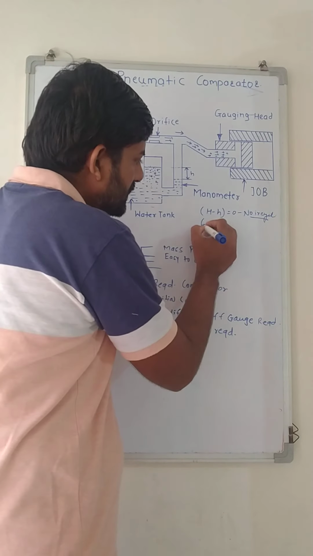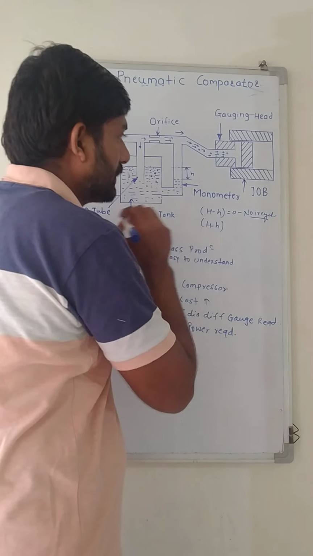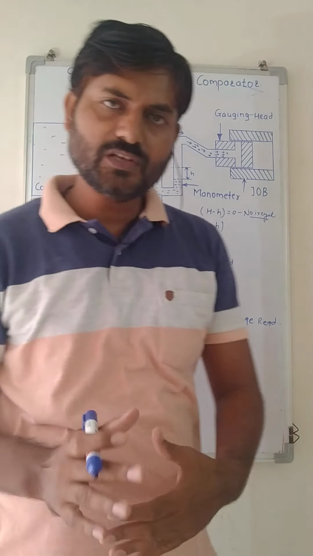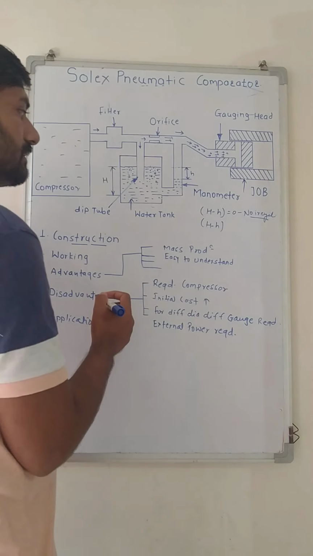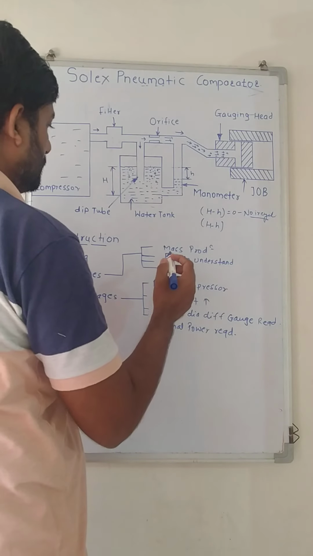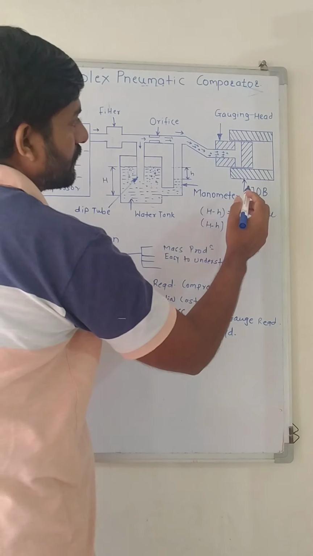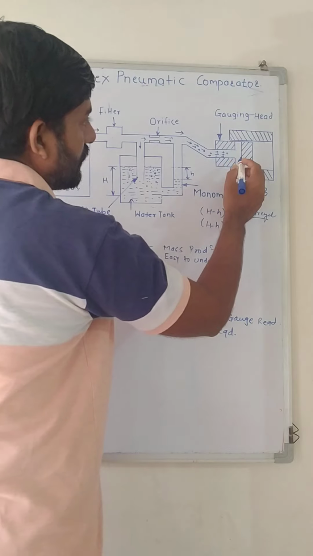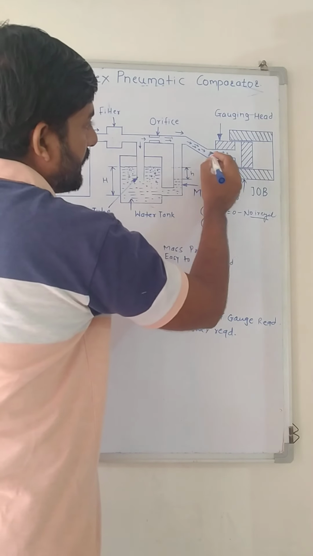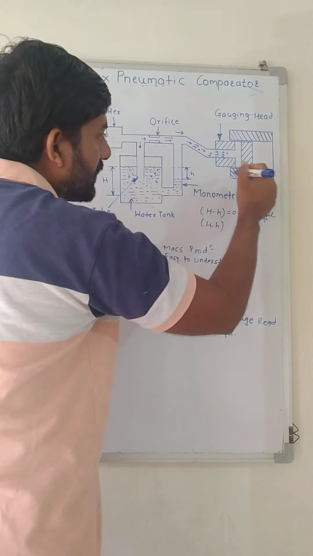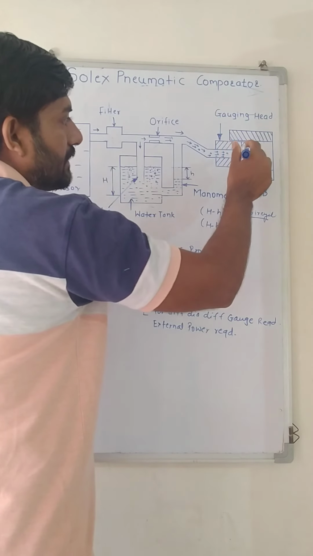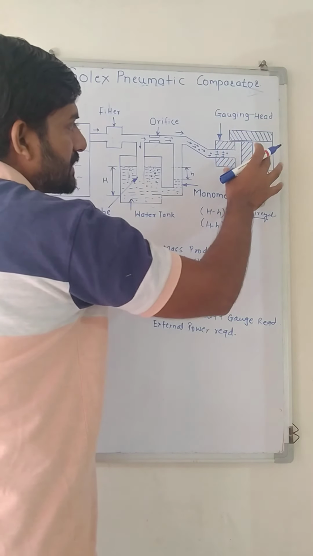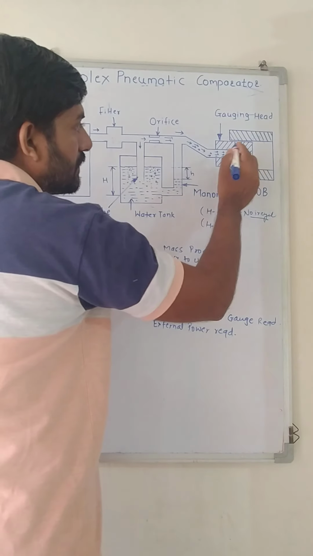If irregularities are present, what will happen?